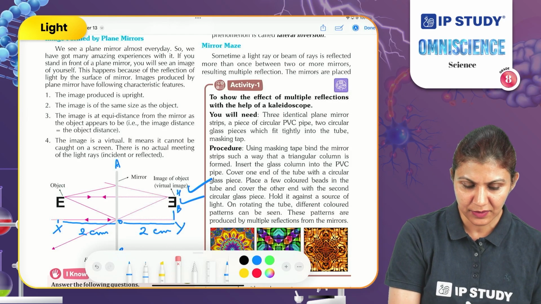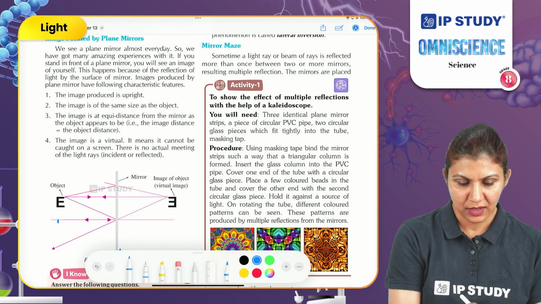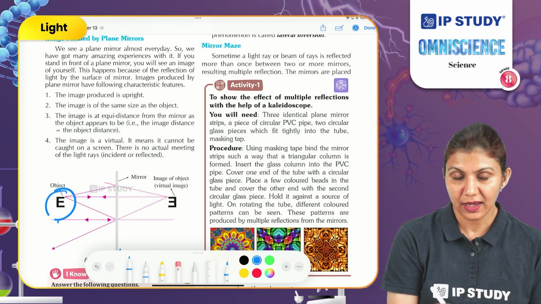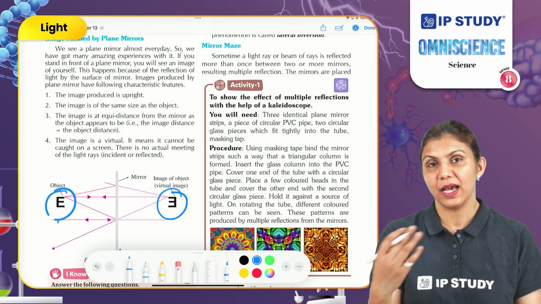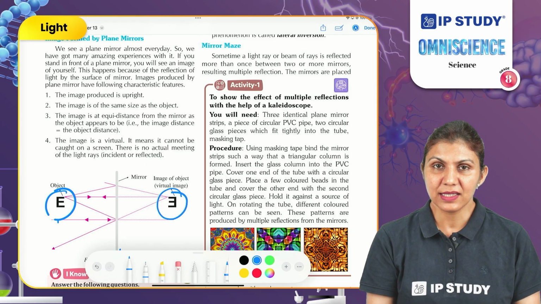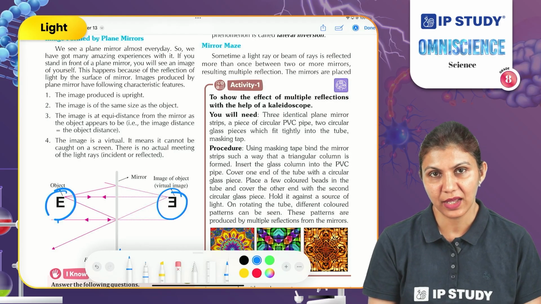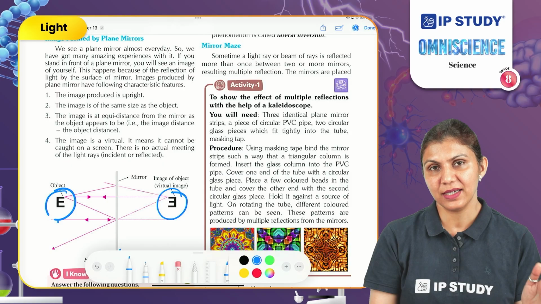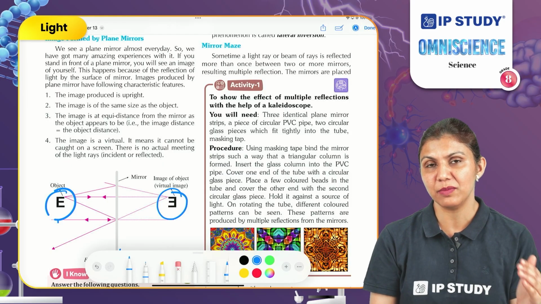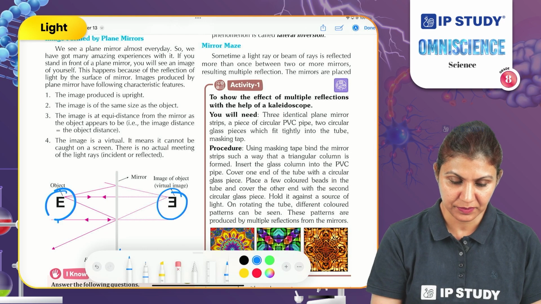If you notice the letter E in front of the mirror and the letter E as image, are the sizes different here? No, these are the same, and the shape is also the same. So we can say the color, size and shape of the object remain the same in the image formed in a plane mirror.